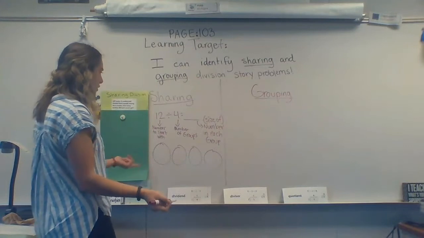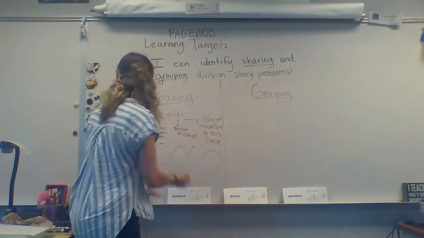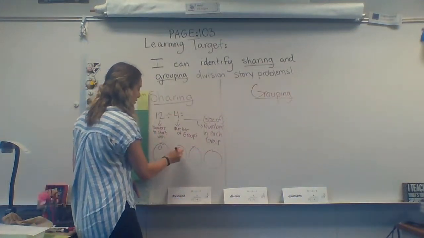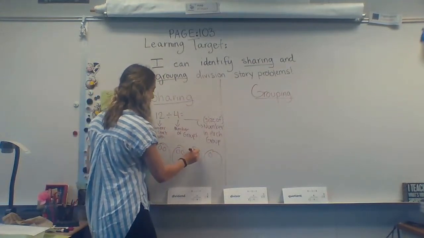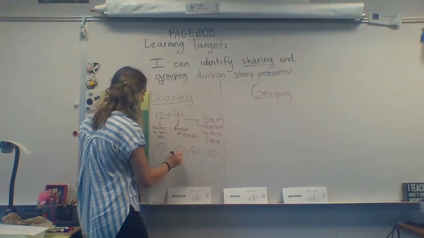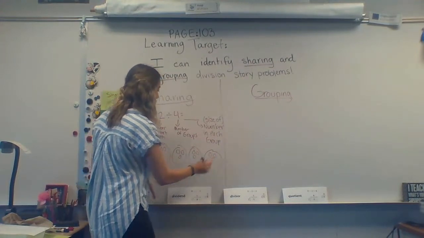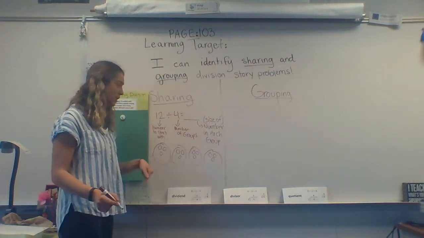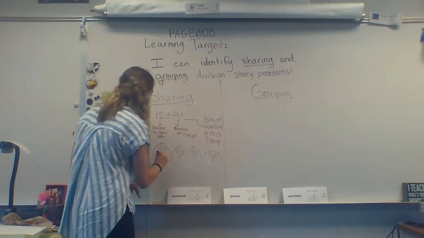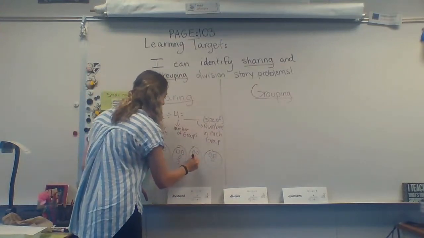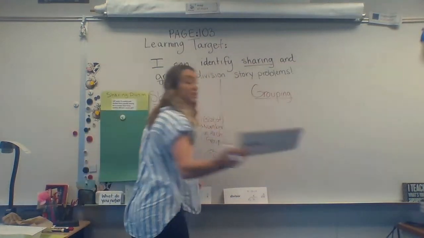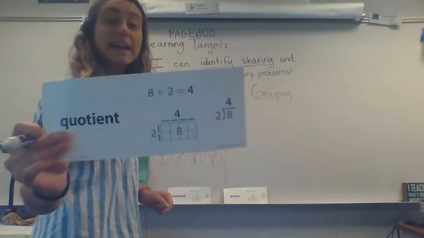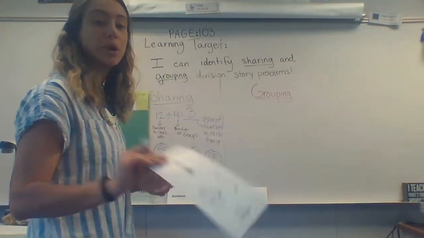So let's take our 12 cookies and just put them into our 4 groups. 1 cookie, 2, 3, 4, 5, 6, 7, 8, 9, 10, 11, and 12. So once I divided out my 12 cookies, I know that now I have 3 in each group. 3 is my quotient, my answer to a division problem.